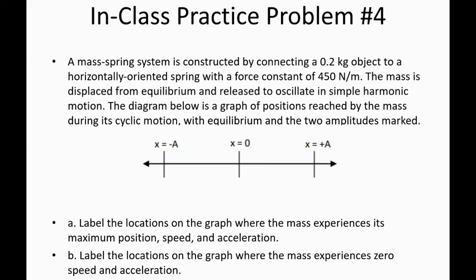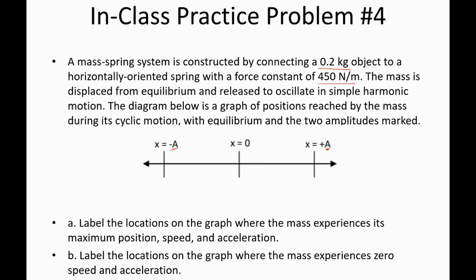And then our very last in-class practice problem for today is looking at labeling different positions on this graph. So here I have my maximum displacement, or my amplitude, my minimum in this case, my maximum here. It says a mass spring system is constructed by connecting a 0.2 kilogram object to a horizontally oriented spring with a force constant of 450 newtons per meter.